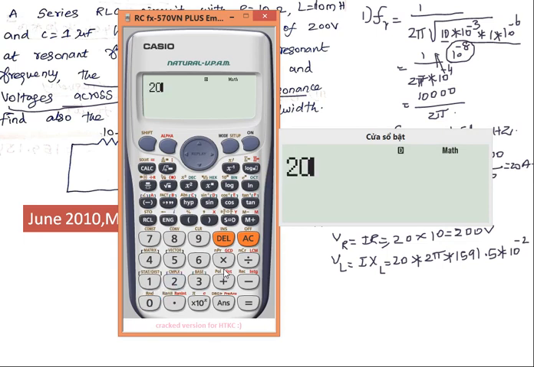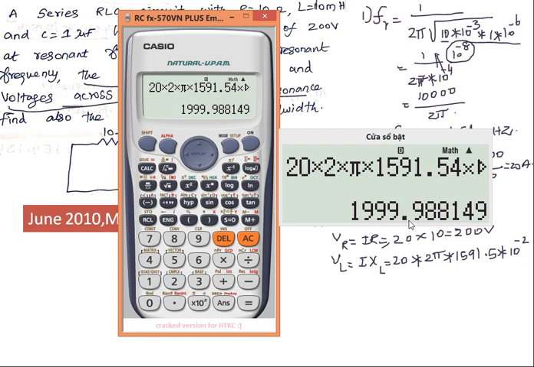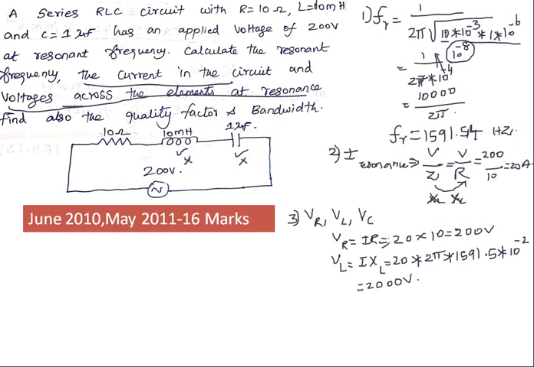So 20 into 2 into pi into 1591.54 into 10 power minus 2 is equal to 1999.98. Almost 2000 volt is the voltage across the inductor. So VL is equal to 2000 volt.